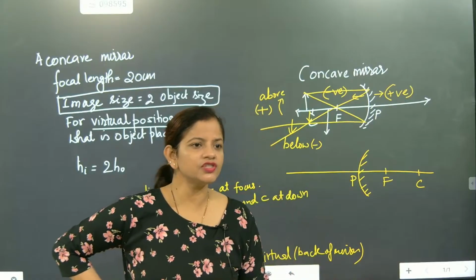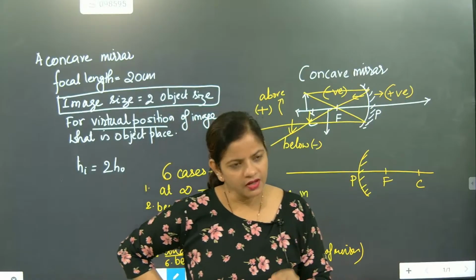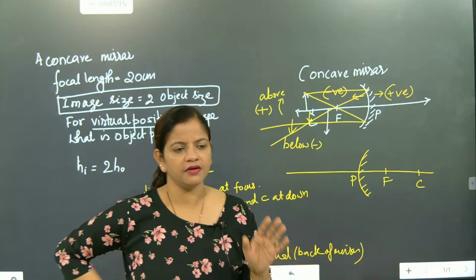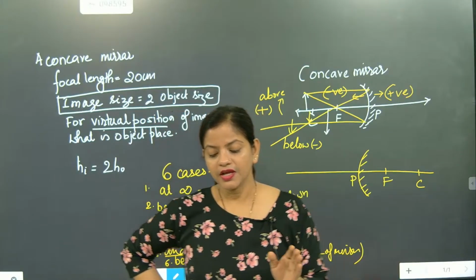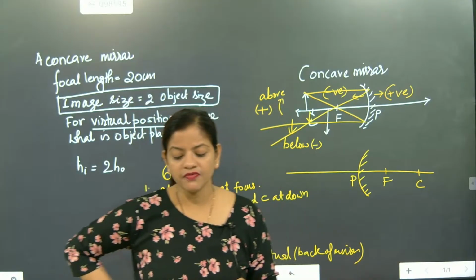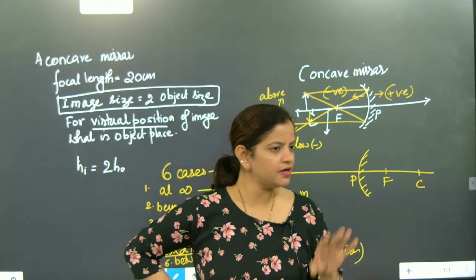Understood. So magnification is positive when the image is virtual and erect. Negative is symbolizing real and inverted. Positive is symbolizing virtual and erect.